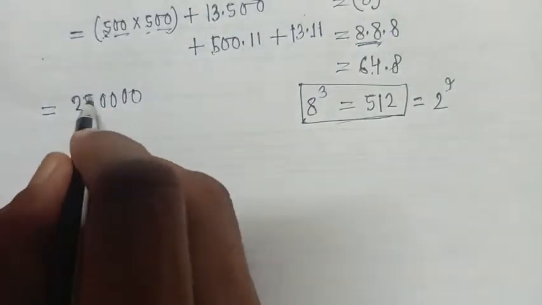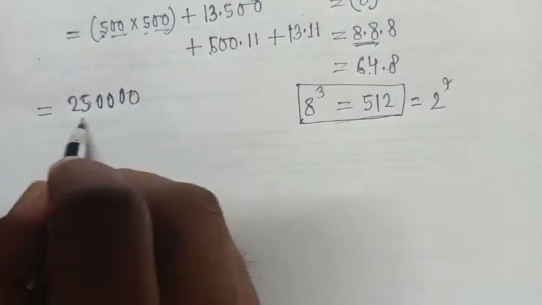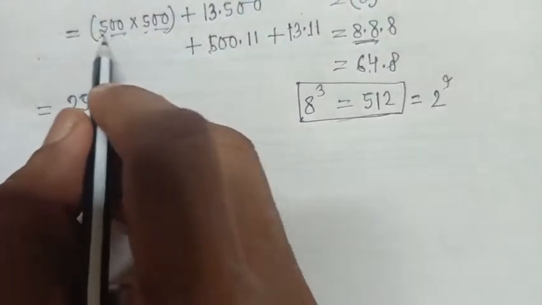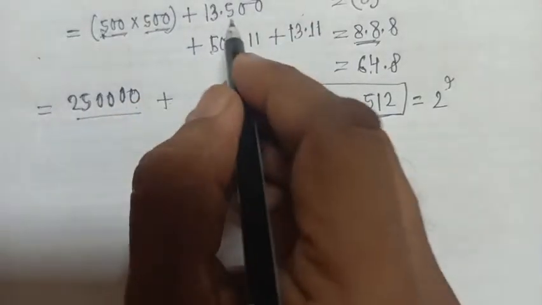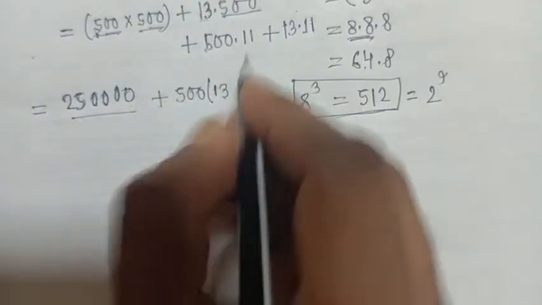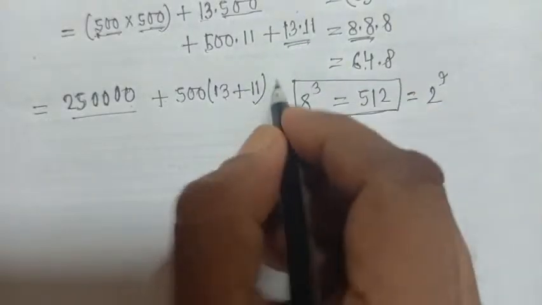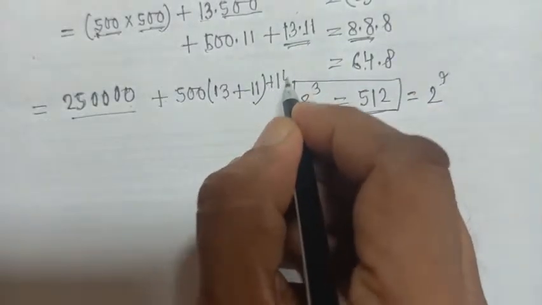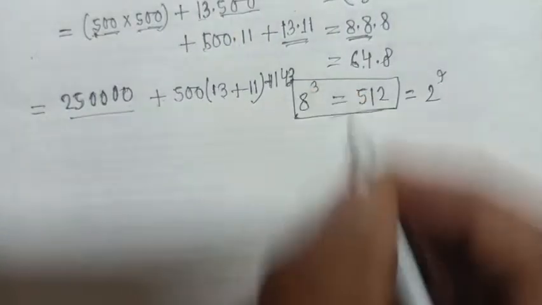So this will be 250000 if we multiply 500 into 500. Now if we take 500 common, we will get first 13, now plus here minus 11, and this multiplication will get 143.